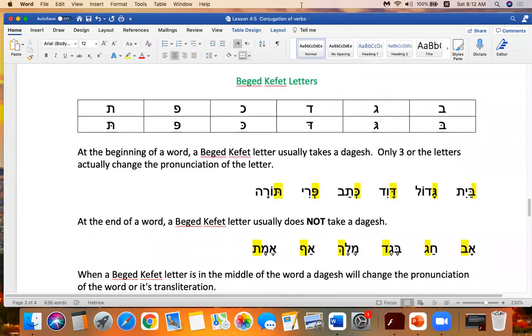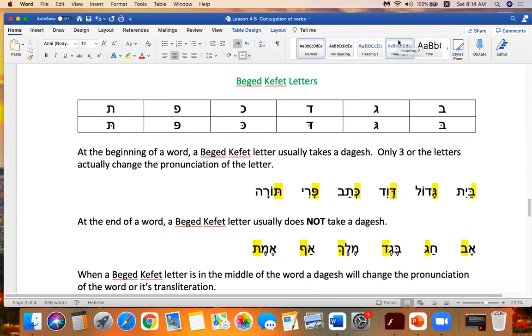Okay, next we're going to look at our Beged Kefet letters. I think we've kind of talked about them, but we have them here on this paper all together. So the Beged Kefet letters are special letters that get special treatment.